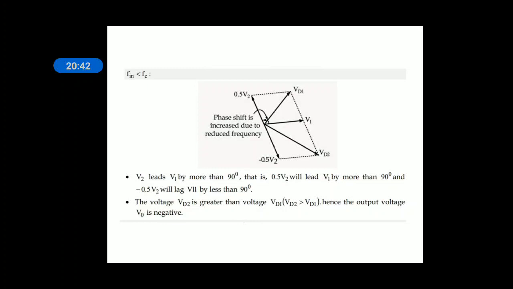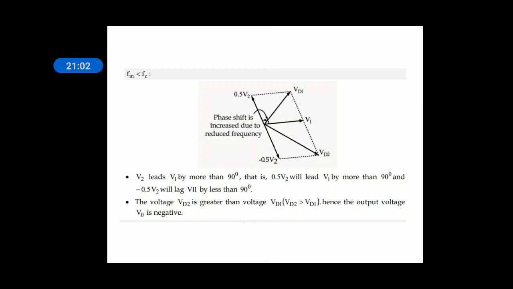When the input frequency is less than Fc, V2 leads V1 by more than 90 degrees, and 0.5 V2. V2 means the secondary winding.